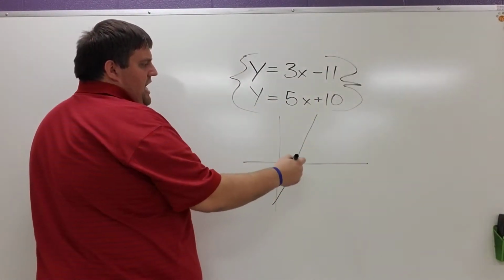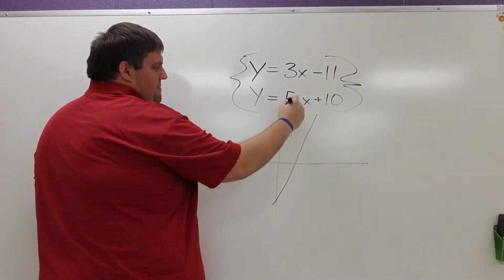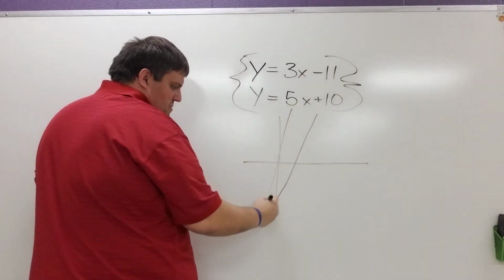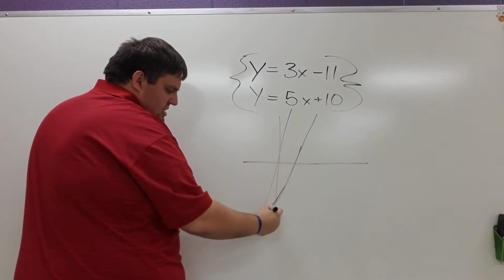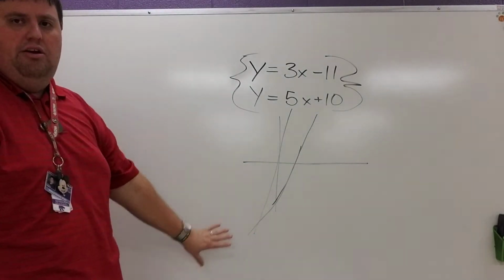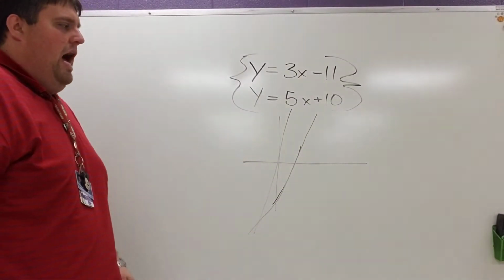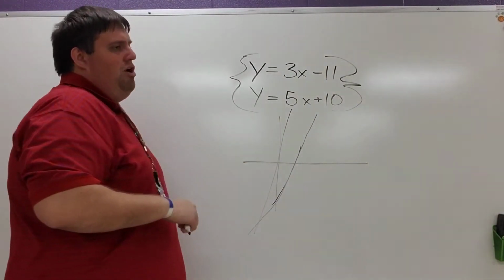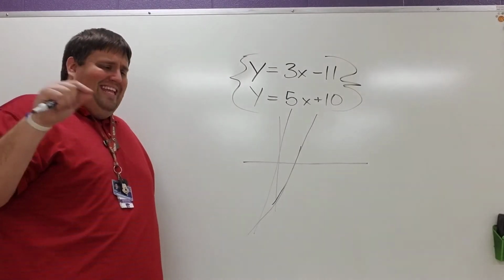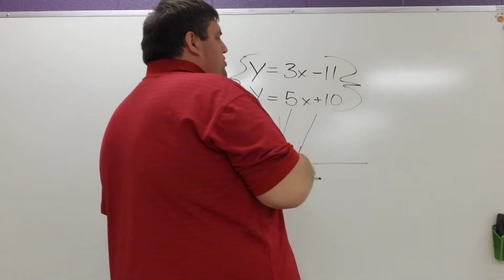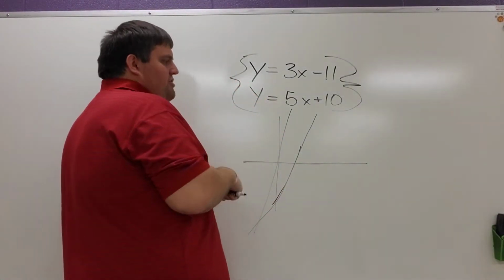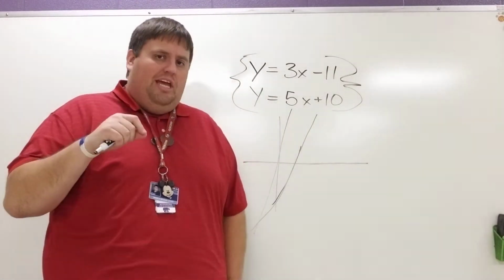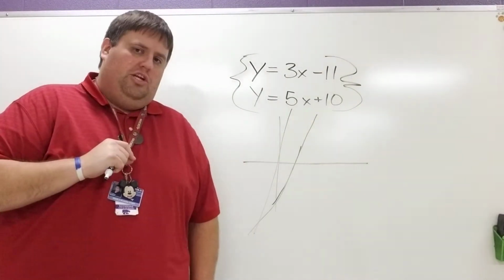This one starts at 10, goes up 5. It's really steep, right? Well, if you notice, these two lines are going to cross somewhere down here in quadrant 3. I don't know where that's at exactly. But the point is that these two lines cross, which means that I'm going to get a solution in this situation.